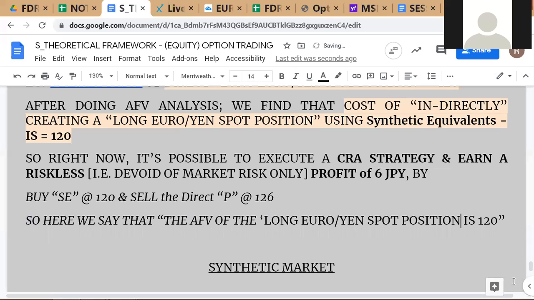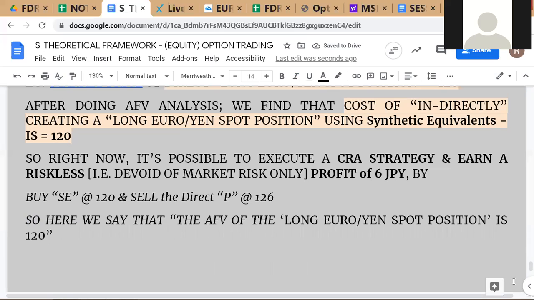One and very common. So the AFV of this is this important statement. We'll put it in bold later on.